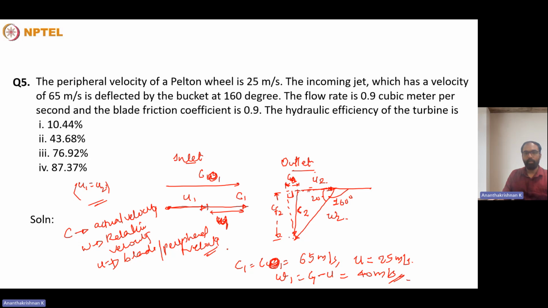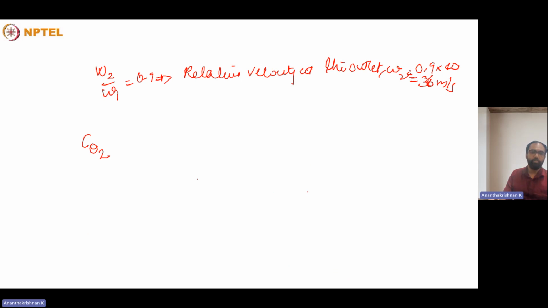The tangential component of the actual velocity at the exit is equal to the tangential component of the relative velocity at the exit minus the blade velocity. That is, C theta 2 is equal to W2 cos 20 minus 25. This is the U2 component. So W2 is 36, 36 into cos 20 minus 25. So that is equal to 8.828 meter per second.